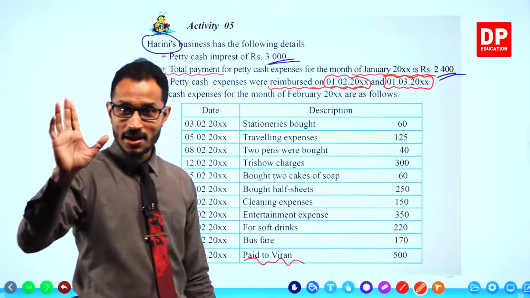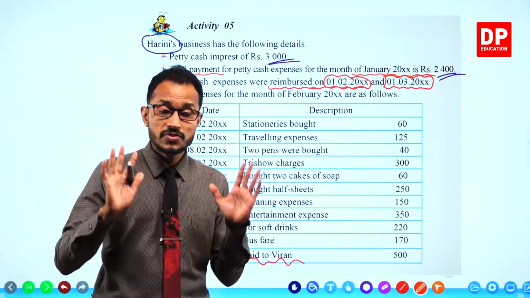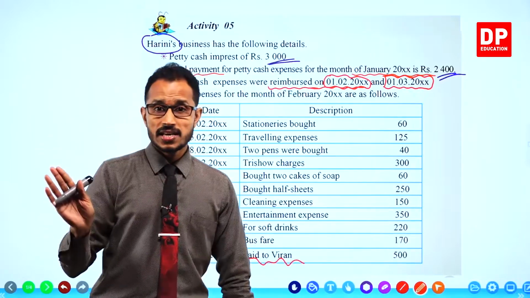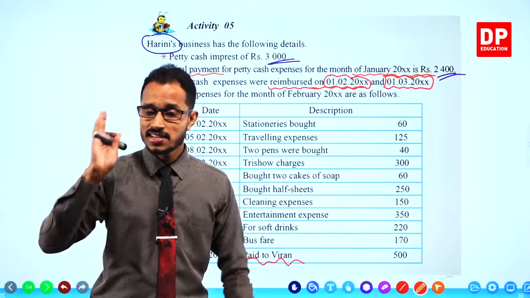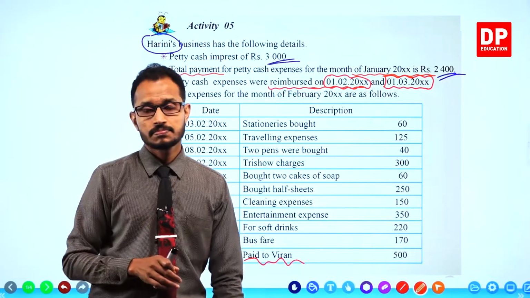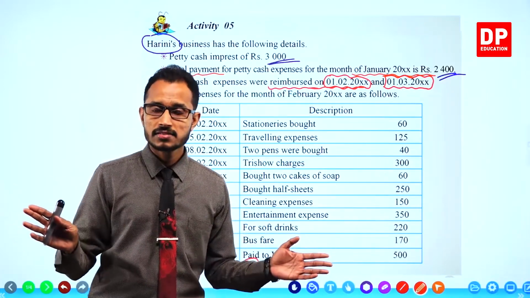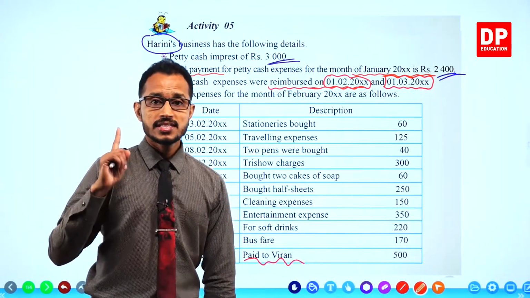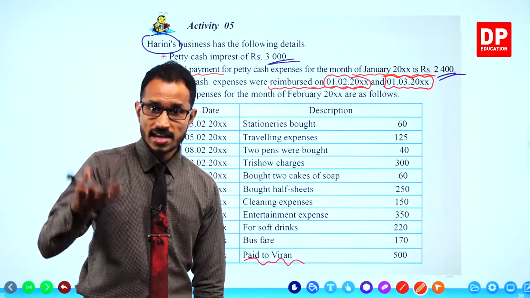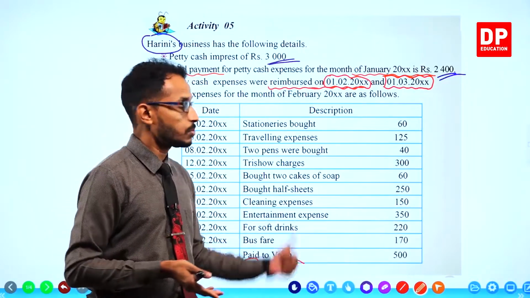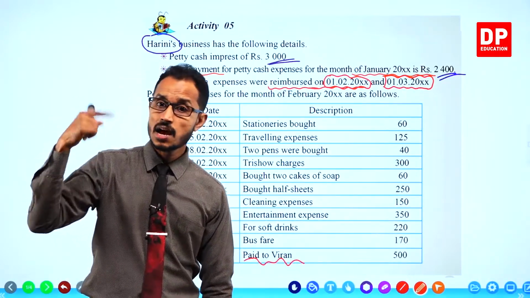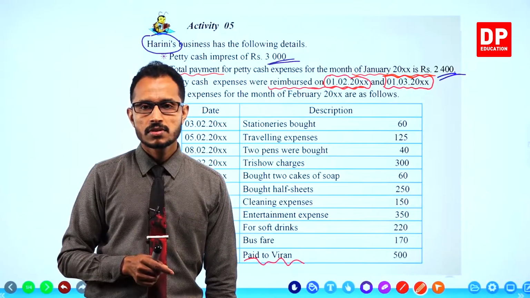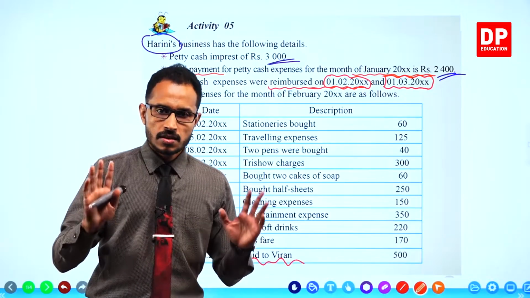We have done a petty cash book, an example petty cash book, very clearly, from item to item. Each part we have done very clearly. Refer to the previous session, children. This is the activity in the textbook, but that was the example exercise.